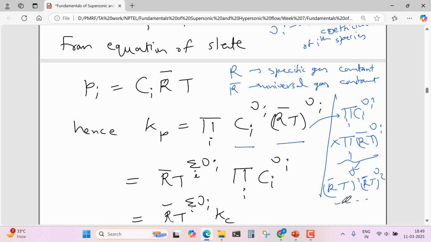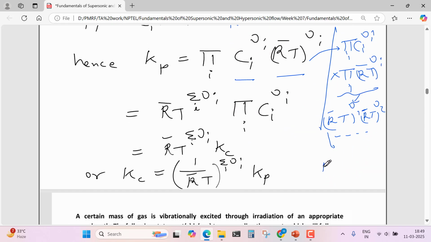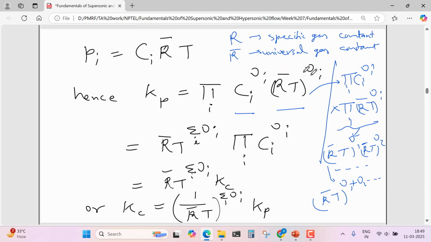If we take it together, it becomes R bar T to the power mu 1 plus mu 2 and so on, which is nothing but the summation. So this term becomes R bar T to the power sigma mu i, and the remaining term pi i Ci mu i is nothing but the equilibrium constant based on concentration, Kc.